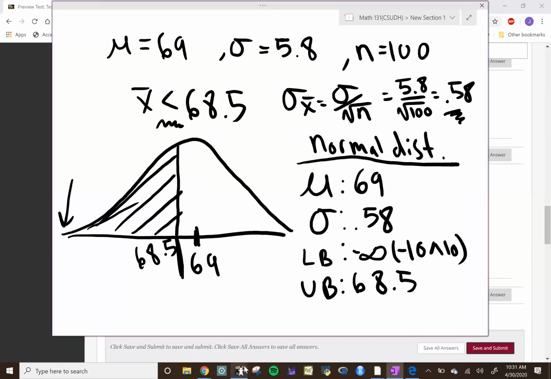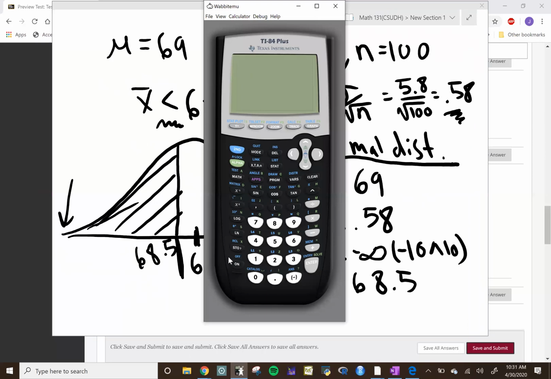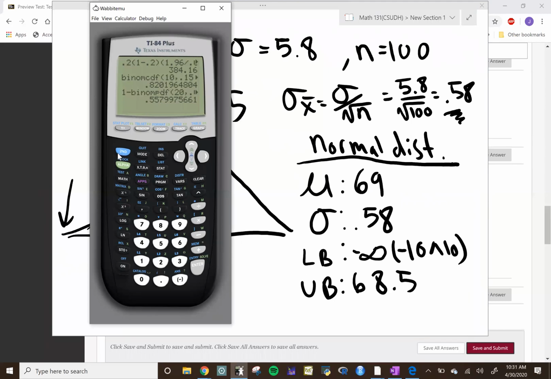I'm going to do this first for the TI-83, because I already have it here. For the TI-83, you hit the second button and go right here where it says VARs. Then look at number 2, normal CDF. For the lower bound, we put negative 10 to the 10 power. For my upper bound, we put 68.5.